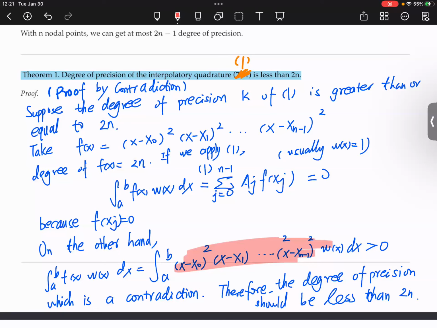Do you know what the Hermite interpolation is? Let's go back to what we have in the chapter. Do we have Hermite interpolation in chapter 4 or chapter 3? I'll have to check the book, but I'm not too sure.